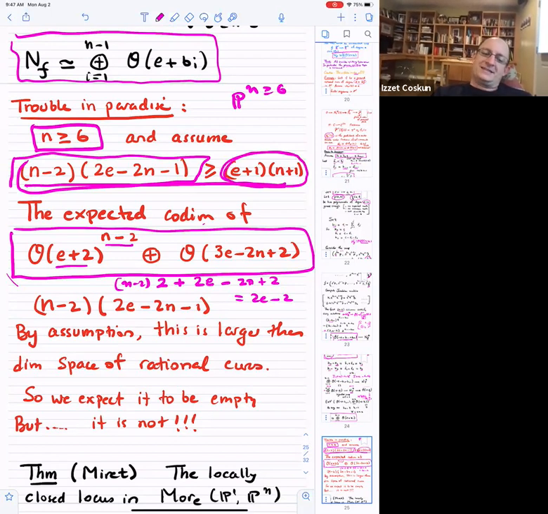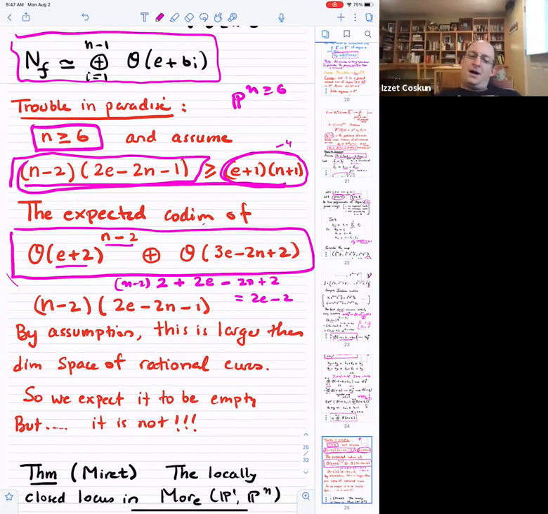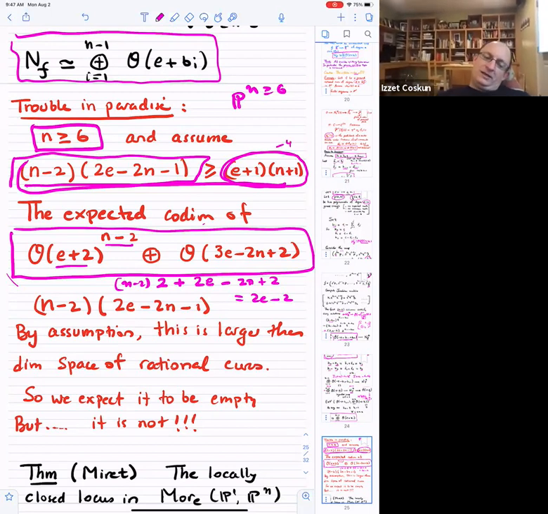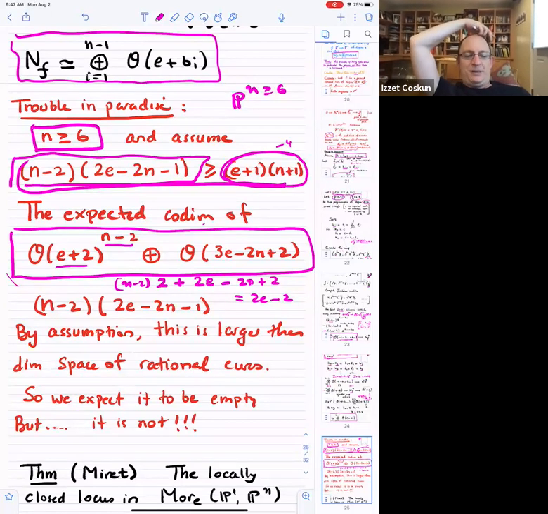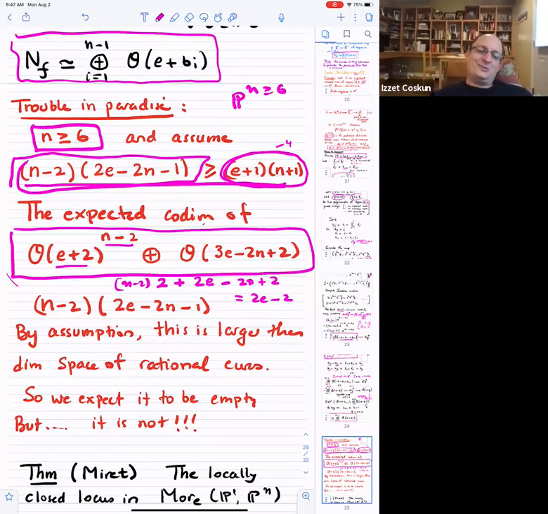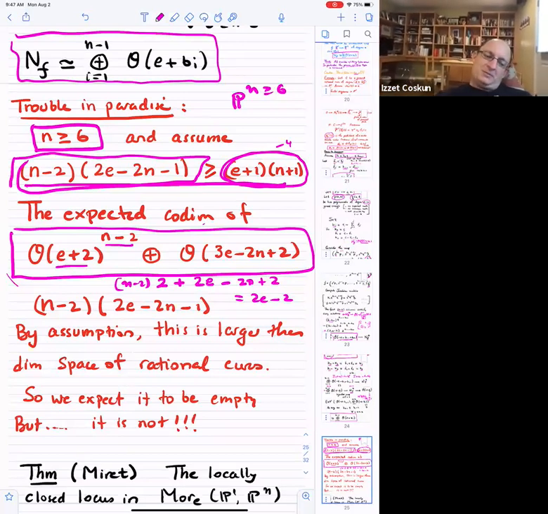We said that the space of rational curves was this thing minus 4. Okay, so you see what this is saying is that the expected codimension of the splitting type is bigger than the dimension of the space. So the splitting type should not occur. If everything was as expected, you wouldn't want this splitting type to occur.